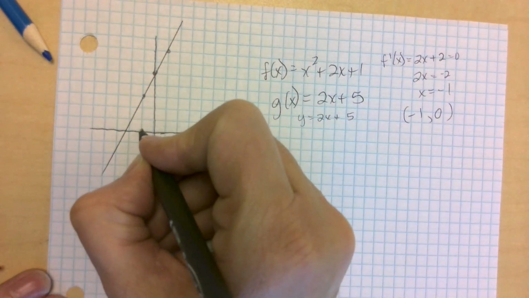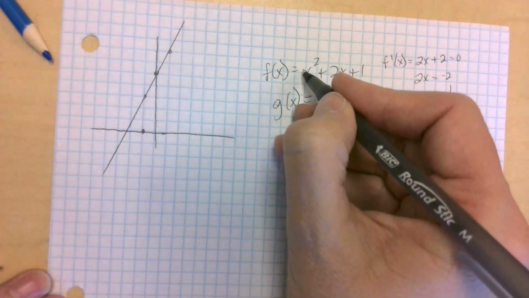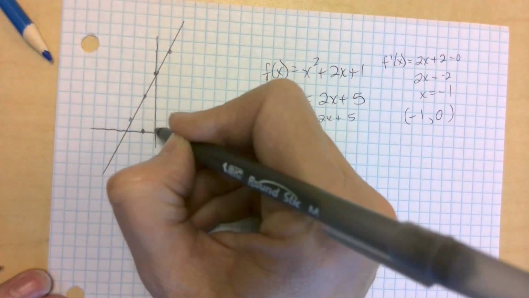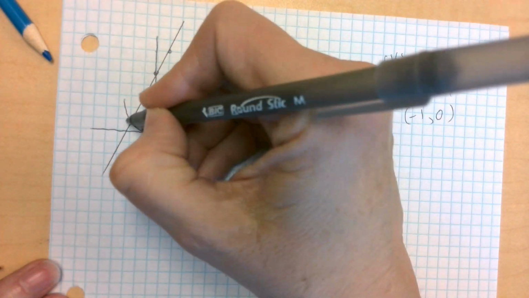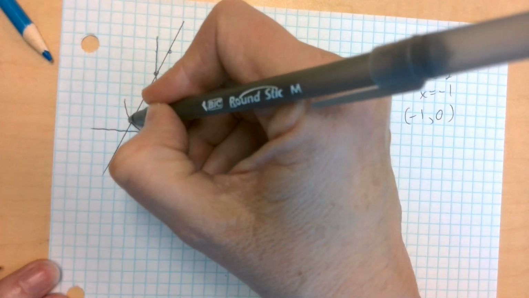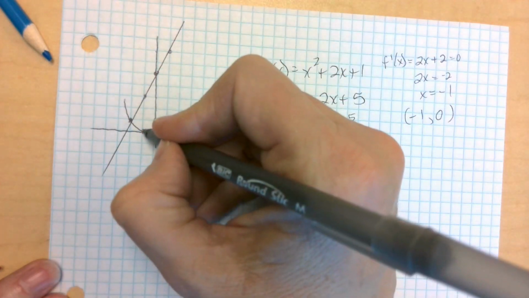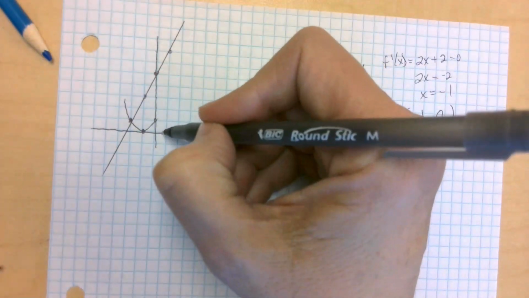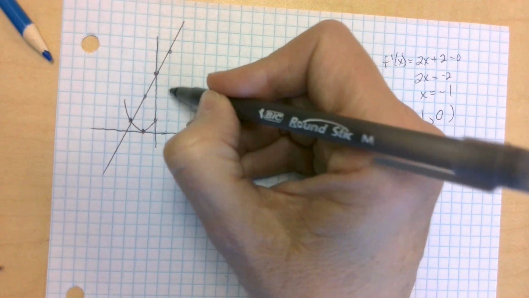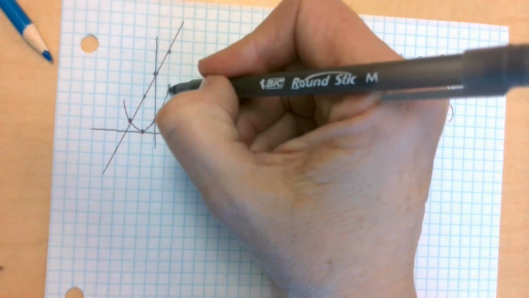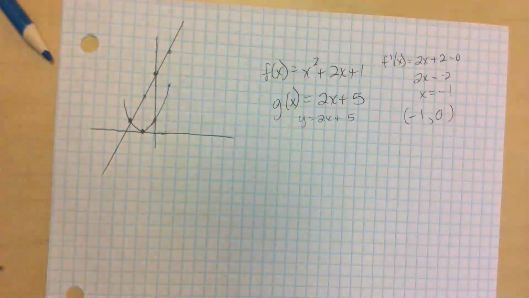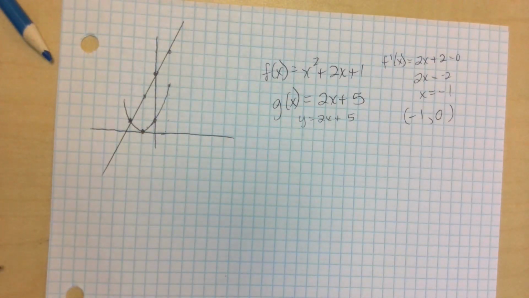So negative 1, 0. And the a is just right 1, left 1, up 1. So it's looking like down 2 over 1. Looks like I see one intersection point. 1, 2, 3, 4. And I will finish it in a minute.